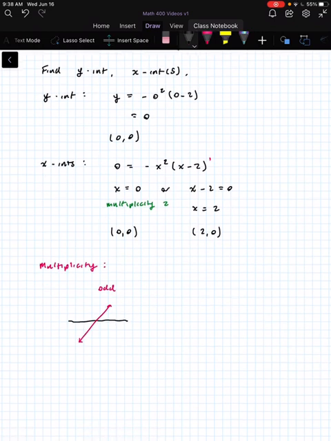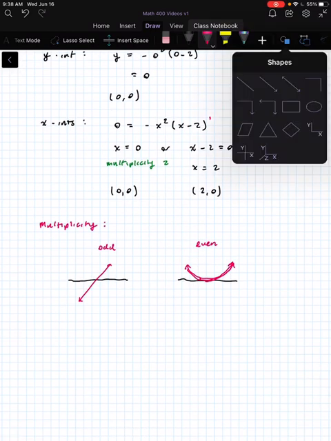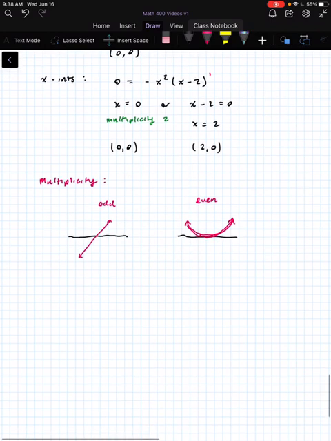If you zoom in, it looks like that. If it's even, what tends to happen is the function bounces off. It touches that point and then bounces off. So locally, it kind of looks like a parabola if you zoom in. All right, now let's use that to our advantage.